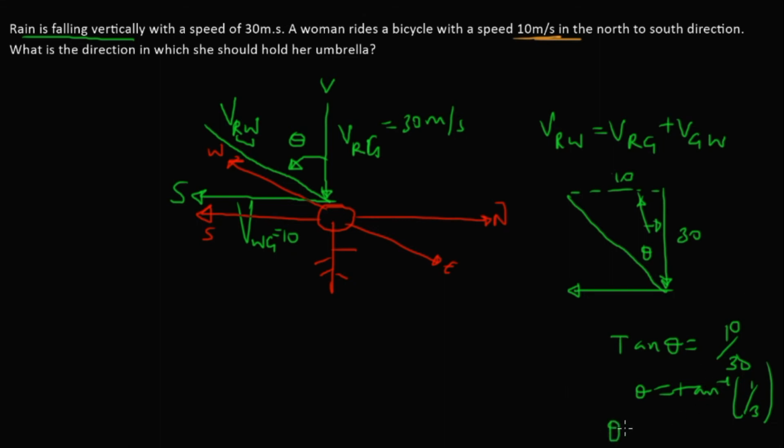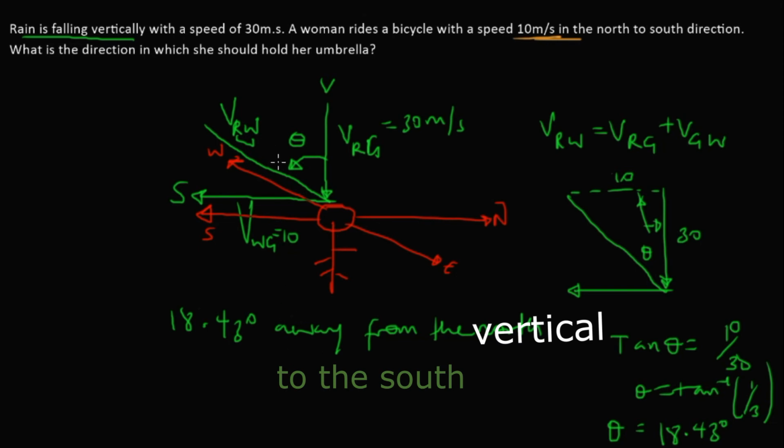So theta is equal to arctan of 1 upon 3, which is equal to 18.43 degrees. So theta is 18.4 degrees. So the direction is 18.43 degrees away from the vertical.